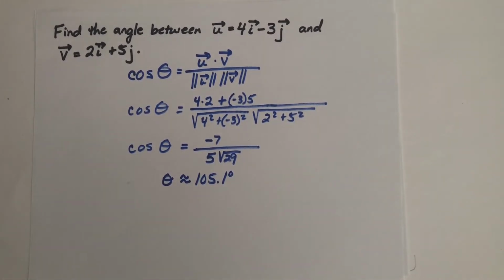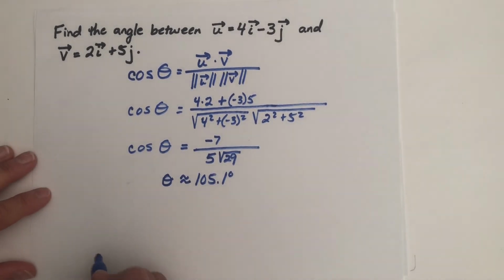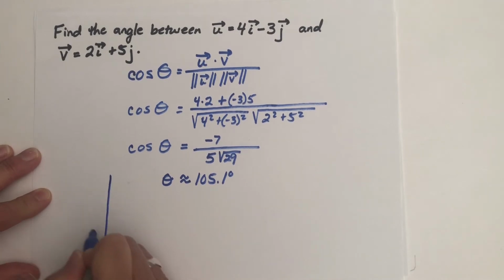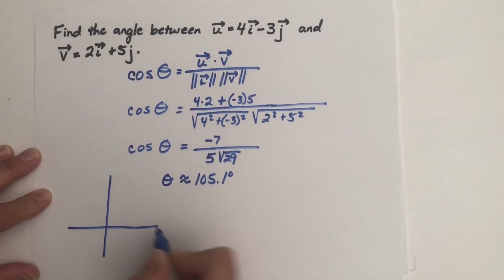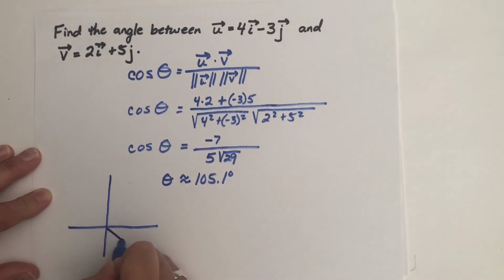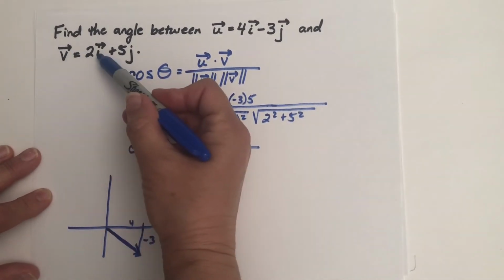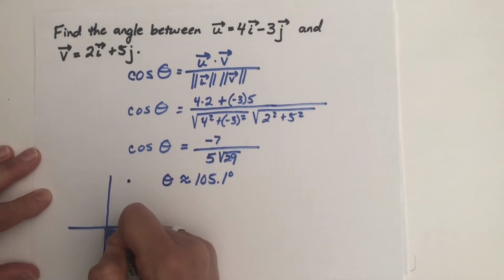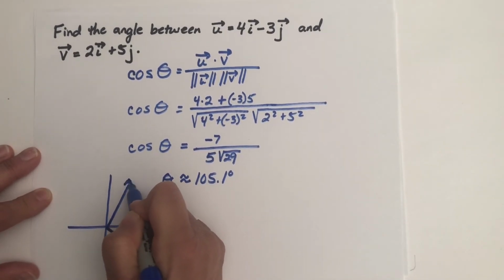So if we were to draw these two vectors, and let's do that right here. We have this vector that is 4i minus 3j, looks like this, where this is 4 and this was -3. But here's the vector u, and the vector v is 2i plus 5j, so 2 and 5 up here, right?